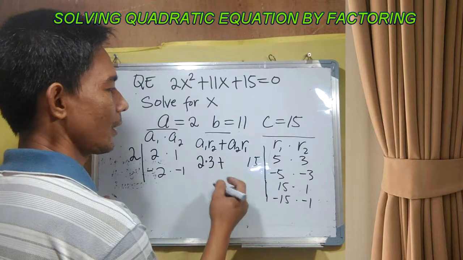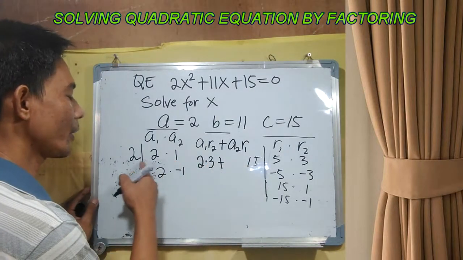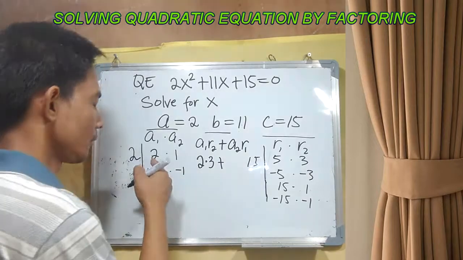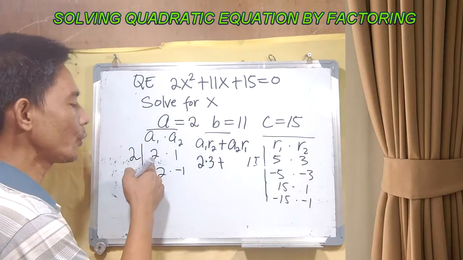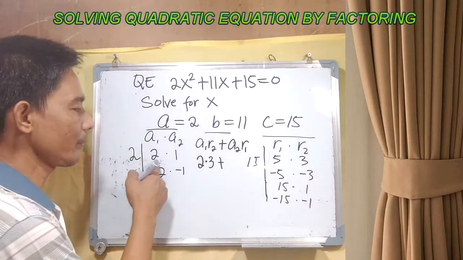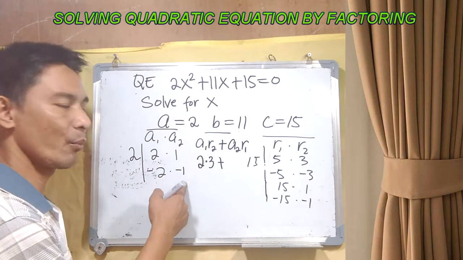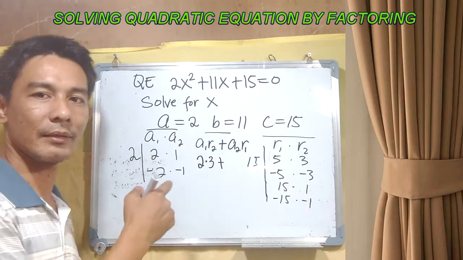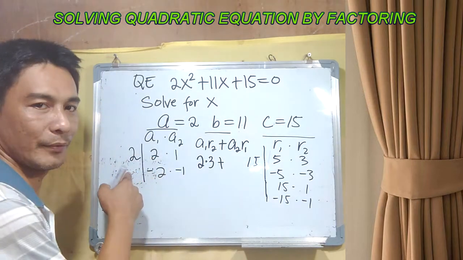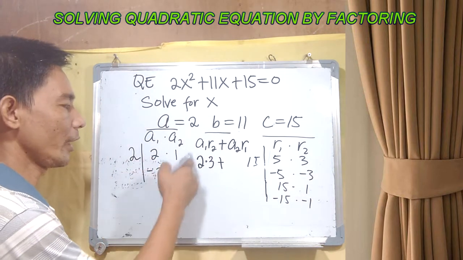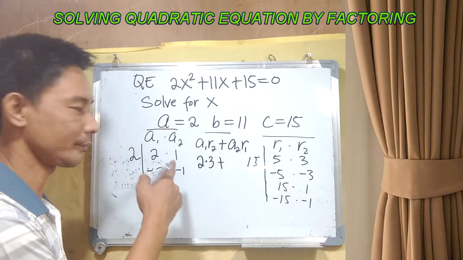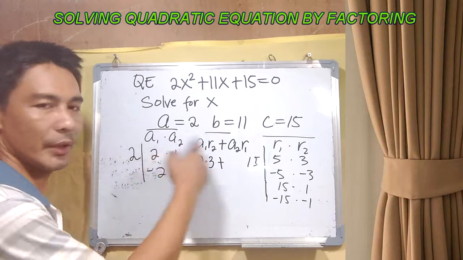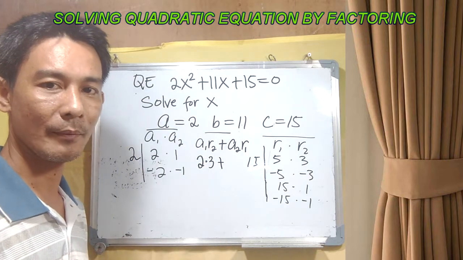Plus, and then our a sub 2, of course, it should be corresponding. If you choose 2 as your a sub 1, you cannot choose negative 1 as your a sub 2 because they are not the factors of positive 2. So it should be a pair. So if you choose 2 here, you also choose its corresponding factor.